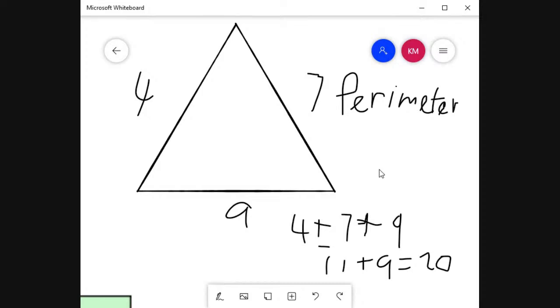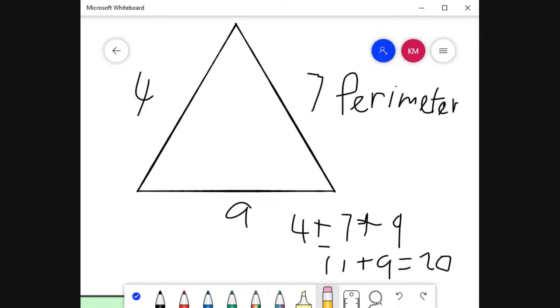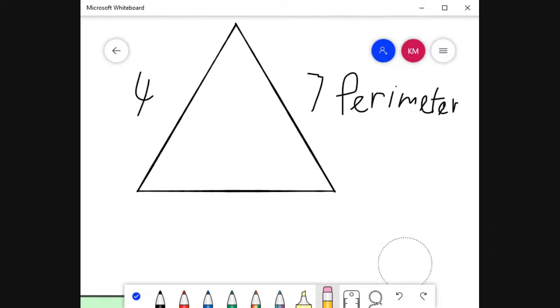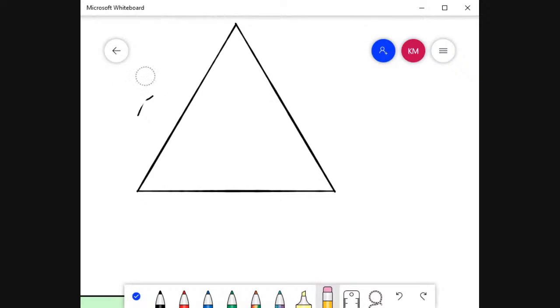Okay. Now, the area typically looks like this.